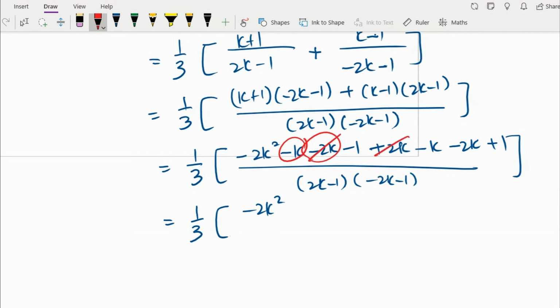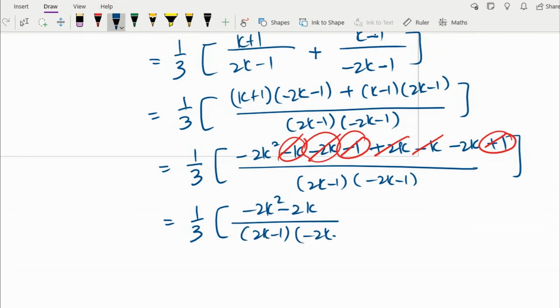Negative 2k, then this and this can cancel, over (2k minus 1)(negative 2k minus 1).